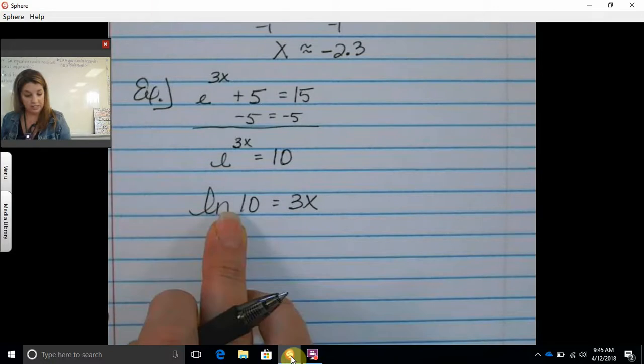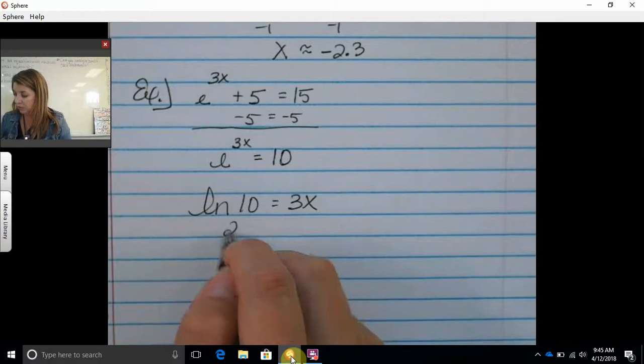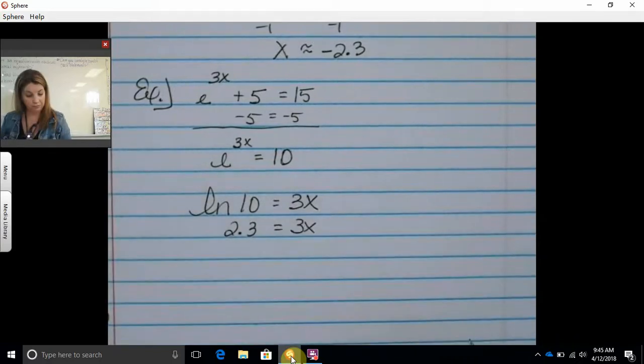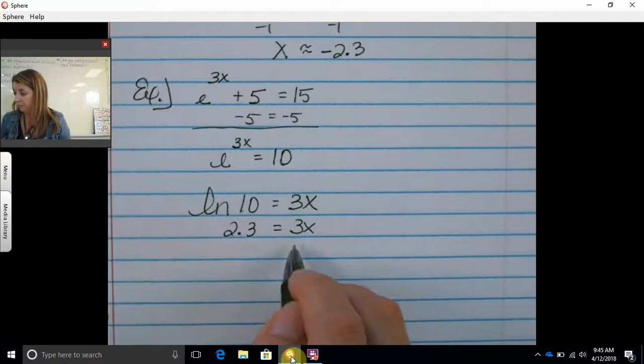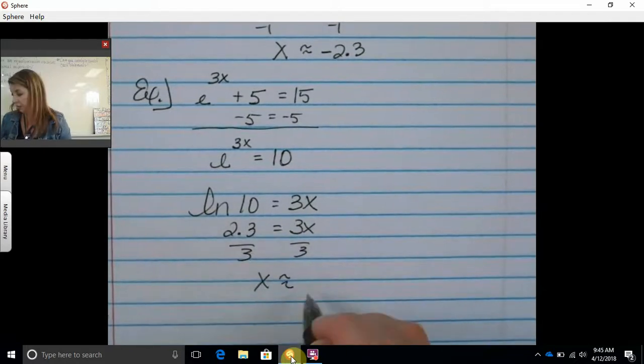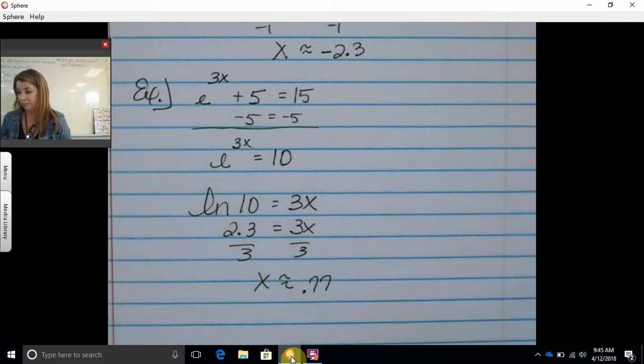We just took the natural log of 10 on the last example, so I already know that's 2.3 equals 3x. Divide by 3. And x is approximately 0.77.